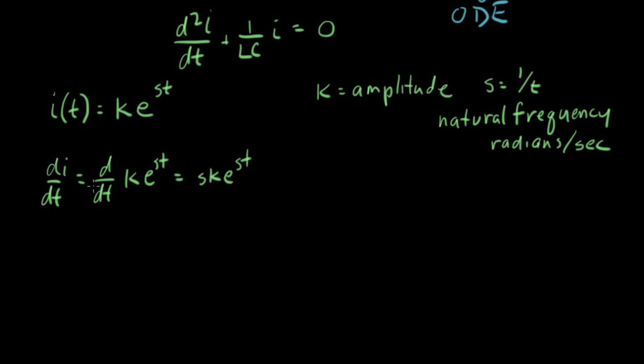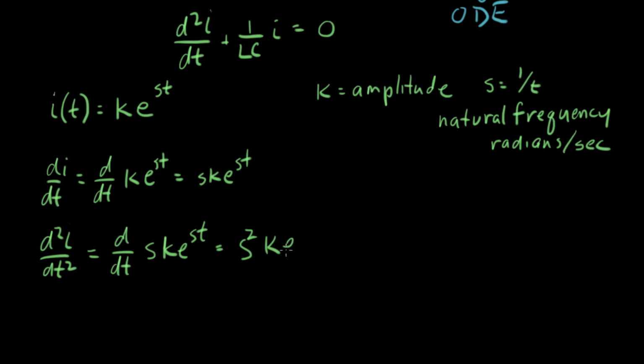Now we need the second derivative, so we take the derivative of this. The second derivative of I with respect to time equals the derivative of s k e to the st, and that equals, another s comes down, s squared k e to the st. Good. Now we have our second derivative.